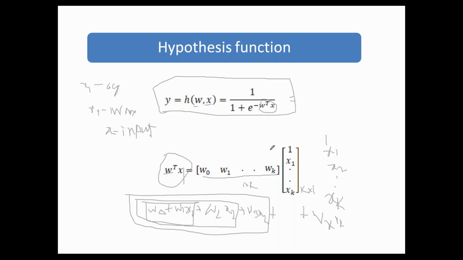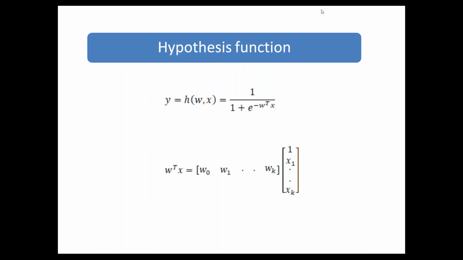The important thing to note here is, for example, assume that this product, that is W transpose X, the product of these coefficients and the inputs, is equal to 0. Then what is the value of Y? When W transpose X is 0, what is the value of Y?